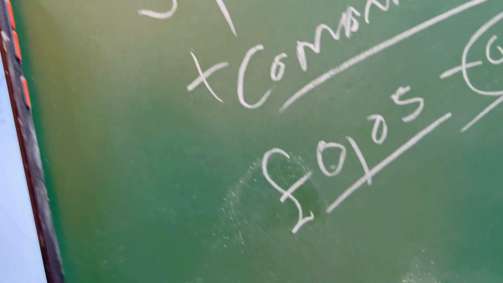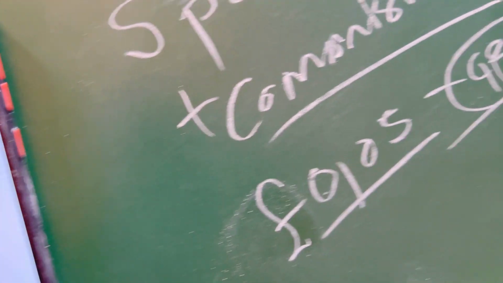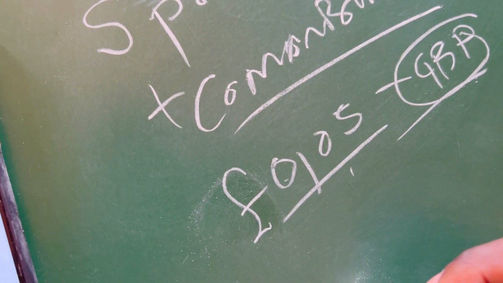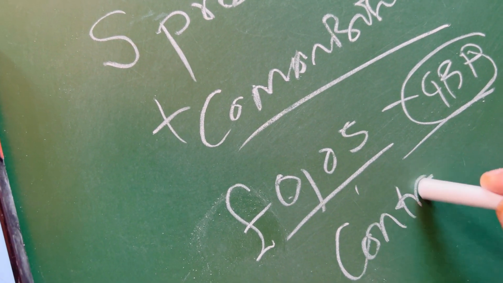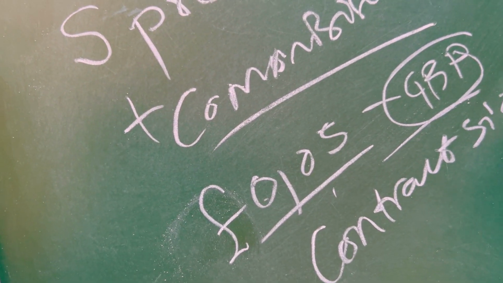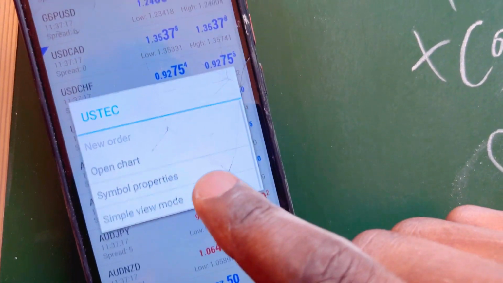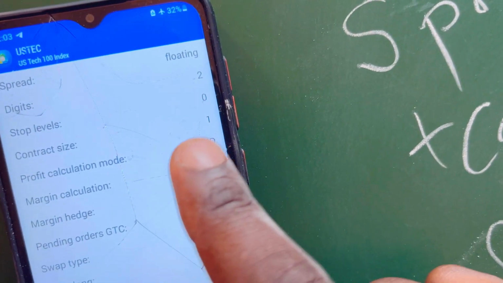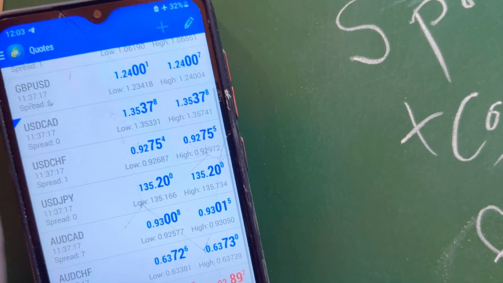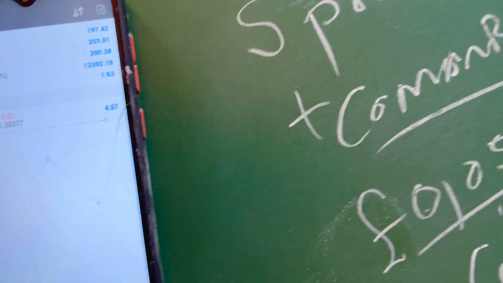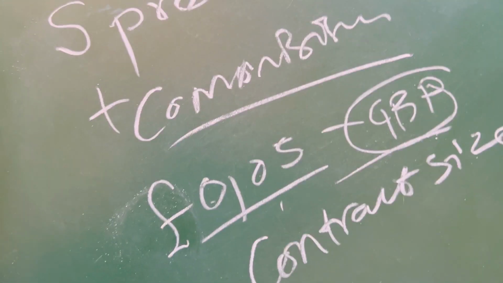This commission, they charge based on the contract size. To get the contract size, you go to symbol properties, and then you will see the contract size there. For you not to get confused, it's better for us to move on.